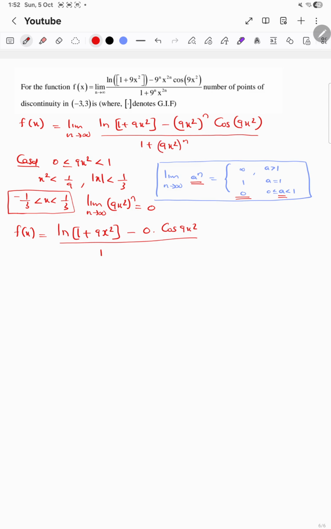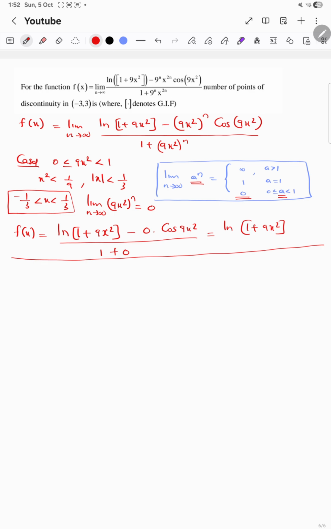This is here. Okay. So this will be 1 plus 0. Okay. So we got our function. Our function is ln greatest integer of 1 plus 9x square. So this is case 1. Okay. When x is lying between minus 1 by 3 to 1 by 3.